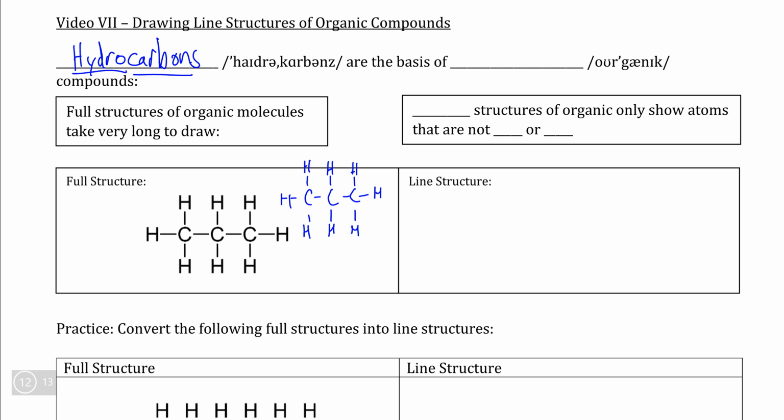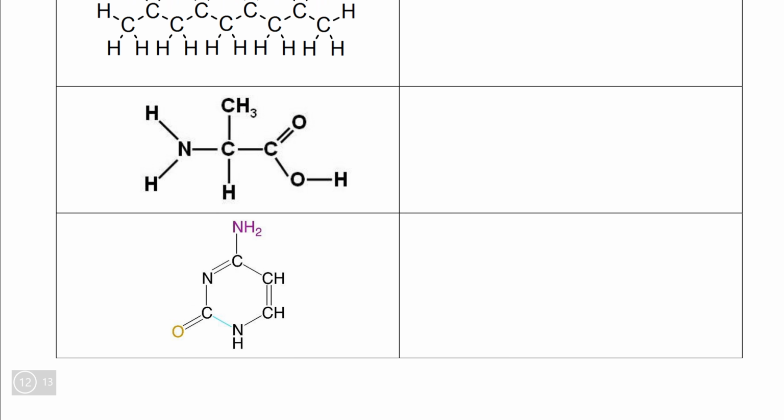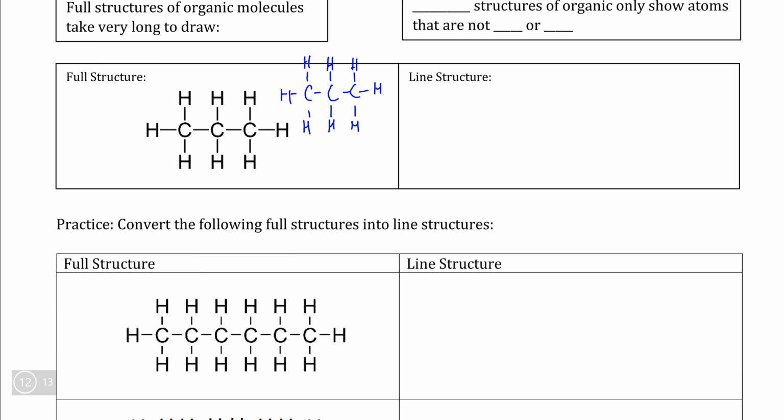Now the reason why we want a quicker way of representing structures of organic compounds, that being any compound with carbon as the basis that mostly contains hydrogen and oxygen, we can see that the structures of organic molecules get very, very complicated, especially as they get larger.